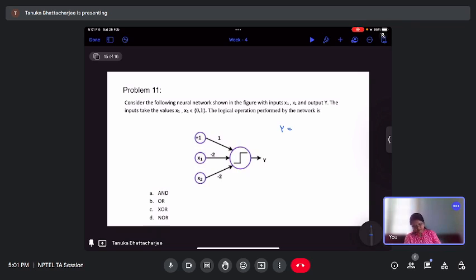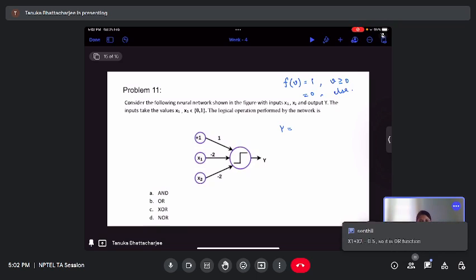Let's compute the answer for this. So, what is your y here? We will define the same f of v is 1 if you have v greater than or equal to 0 and it is 0 otherwise. Let us say we define the same non-linear function.